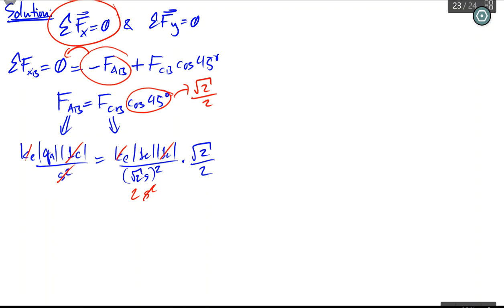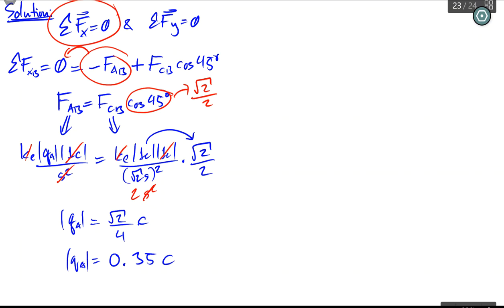As you look at what was left behind, it has square root of 2 times 2 times another 2, and then there's a coulomb at the end. So basically that's just square root of 2 divided by 4, and you notice that the magnitude rounds up to 0.35 in two significant figures.